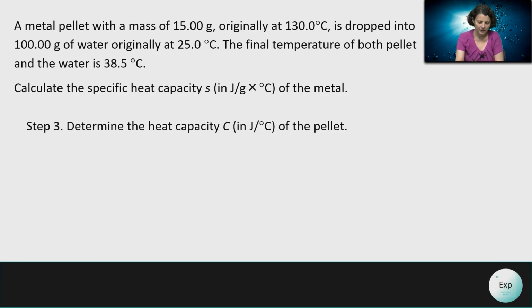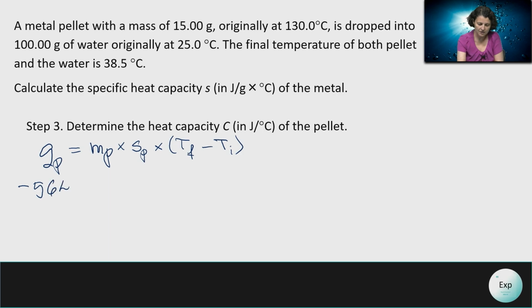To determine the specific heat of our metal pellet, we need to simply place the heat of the pellet into the calculation. The heat of the pellet will be mass of the pellet times the specific heat of the pellet times the final temperature minus the initial temperature of the pellet. The heat of the pellet is minus 5,648 joules. The mass of the pellet is 15 grams. The specific heat of the pellet is unknown, so we keep it as its symbol.